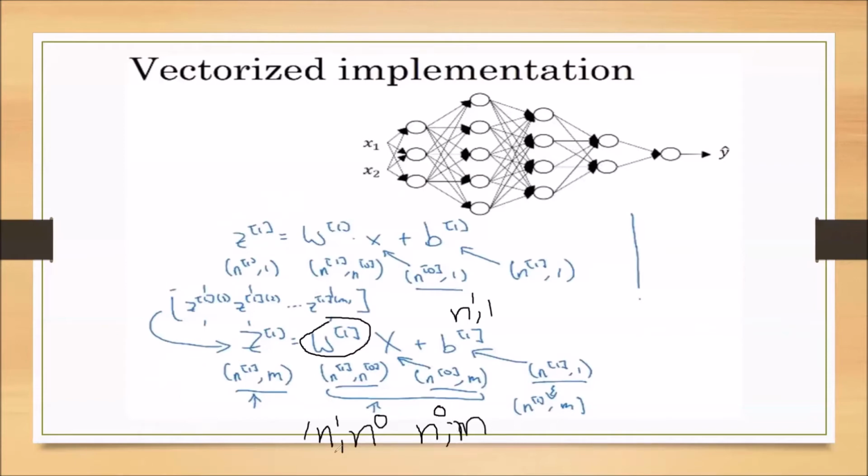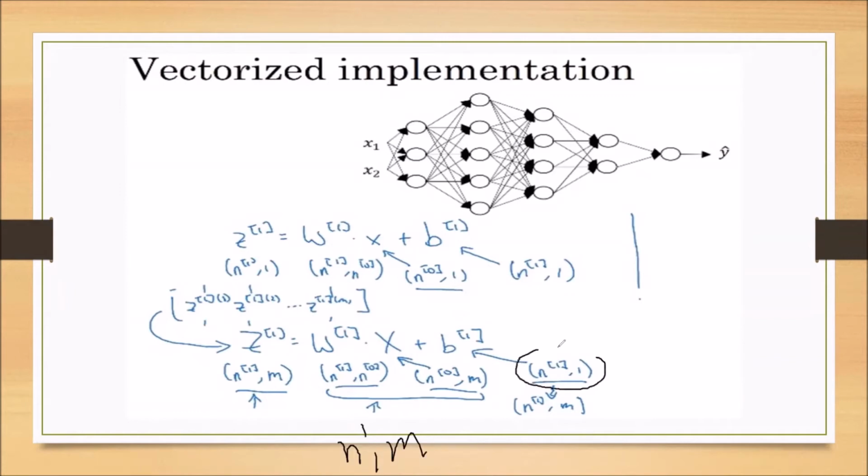Now the problem comes. We are multiplying these two matrices, so the resultant matrix is N1 by M, the number of activation units in the first layer by M. But B1 is only N1 by 1.